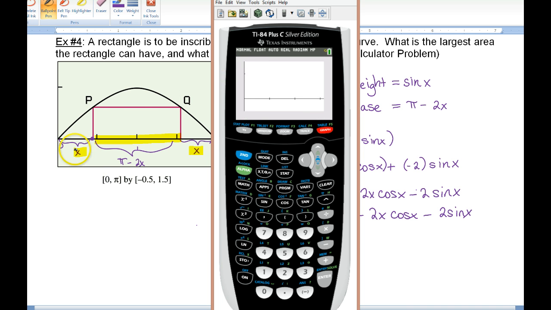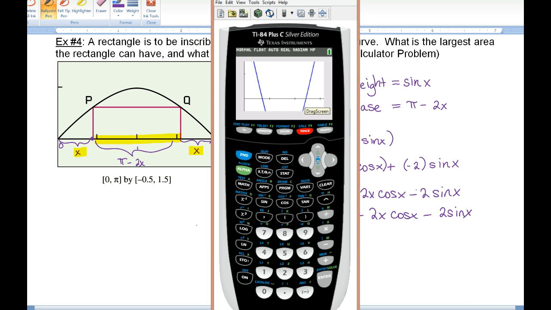So it's going to graph it within the same window, but this is the derivative. So I'm going to look at this point. I want to find the 0. Now I notice that it crosses at 2 points.